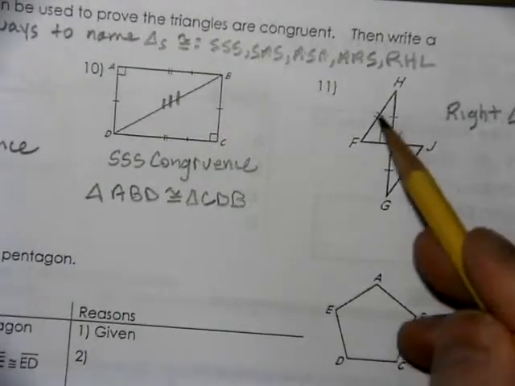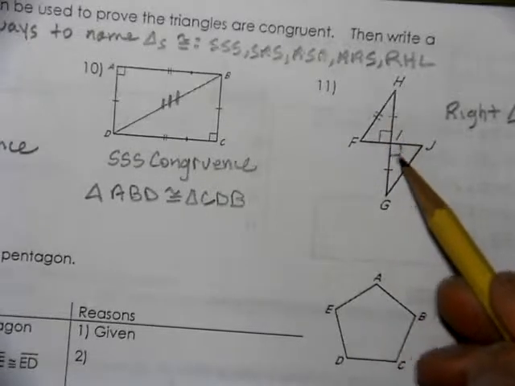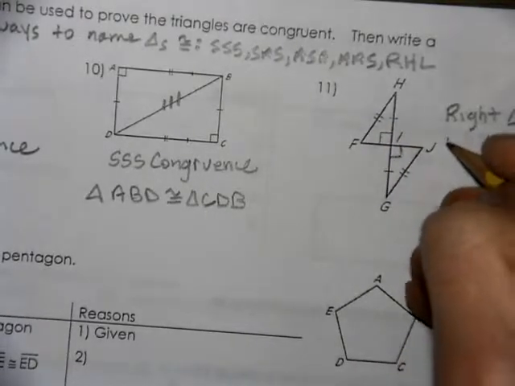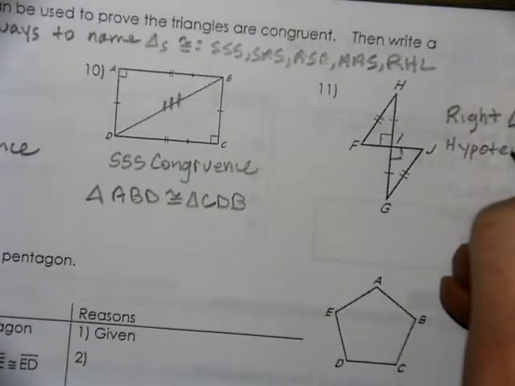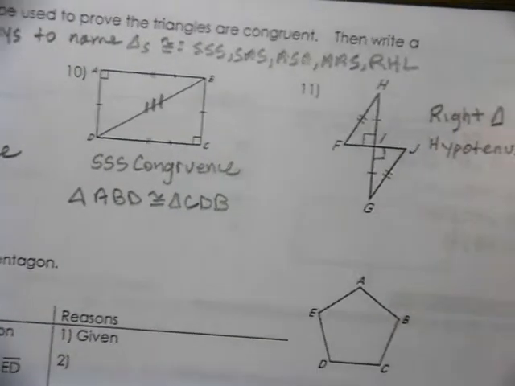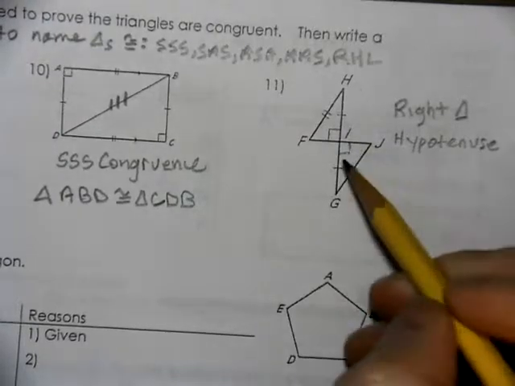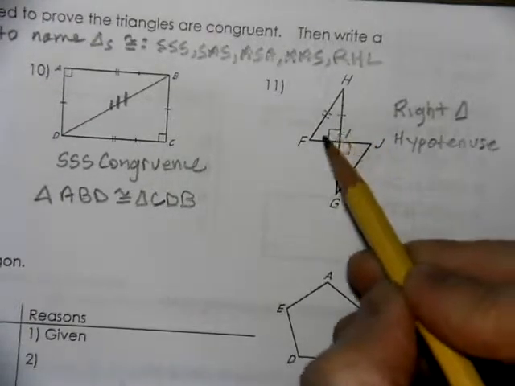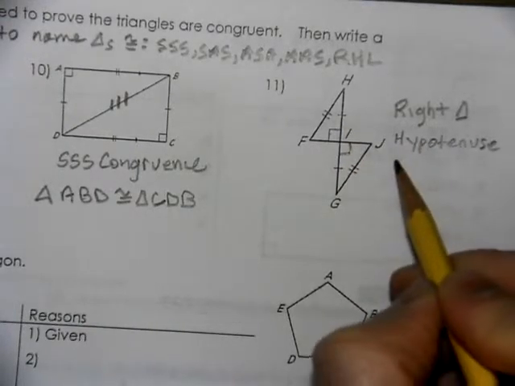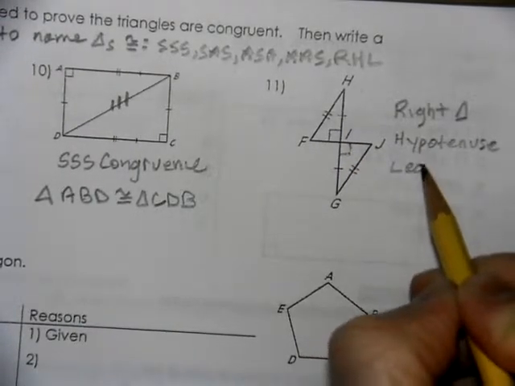We have the two tick marks, which are across from that, which is your hypotenuse. And we also have the side that's running perpendicular for the right angle. We call those a leg.